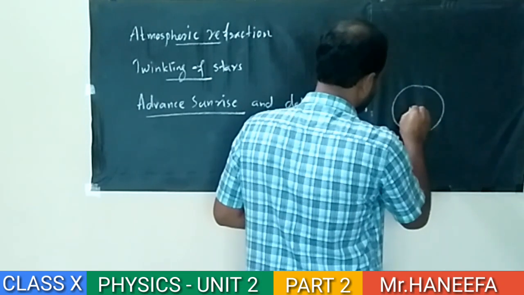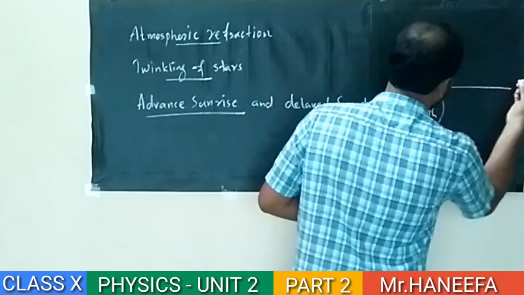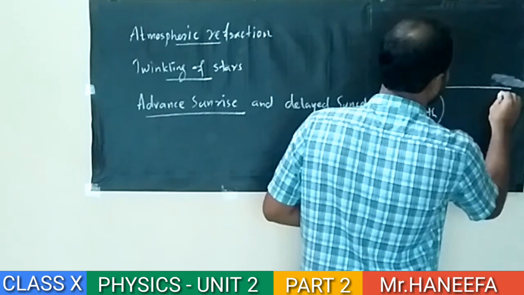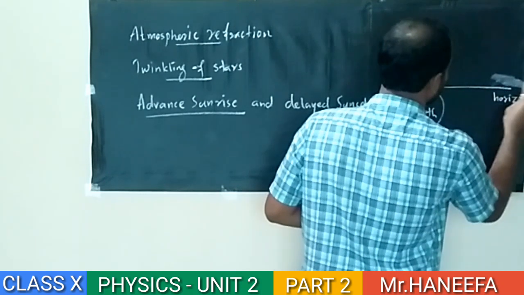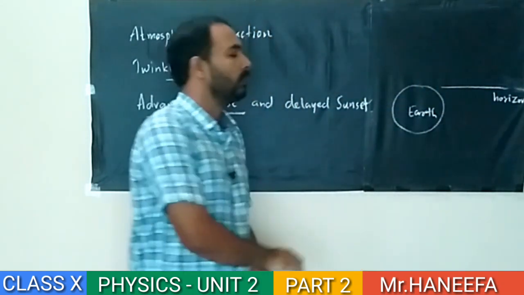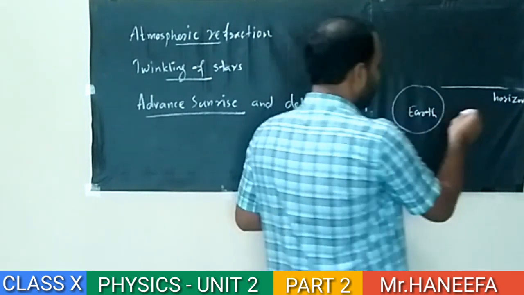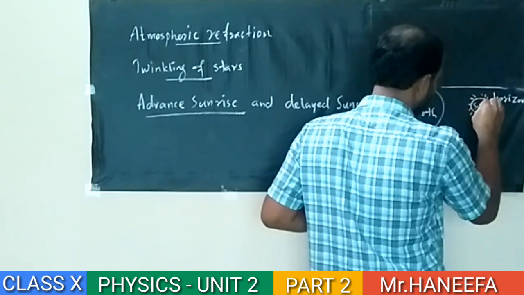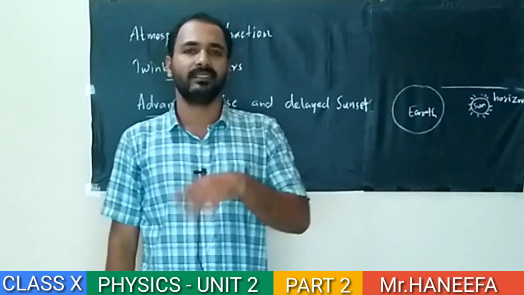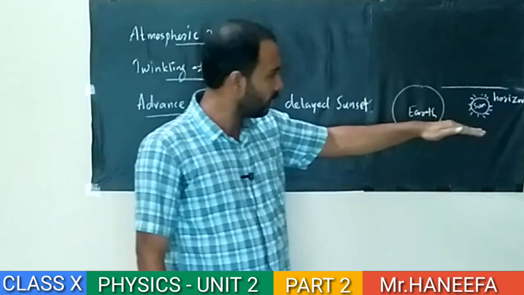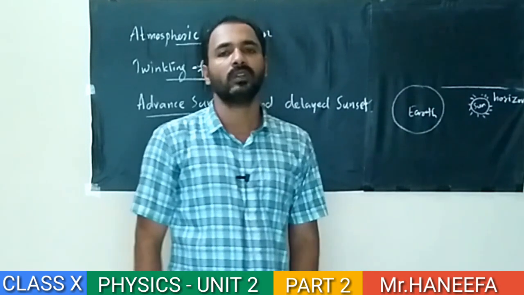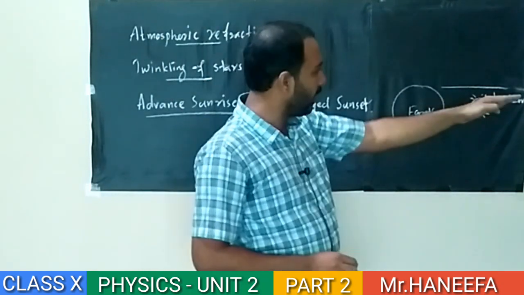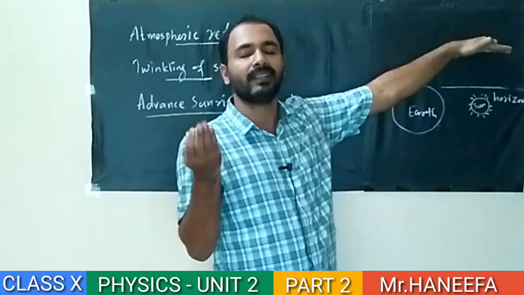here is the earth. This line is called the horizon. If the sun is below the horizon, we say it is sunset. If the sun is above the horizon, we say sunrise.